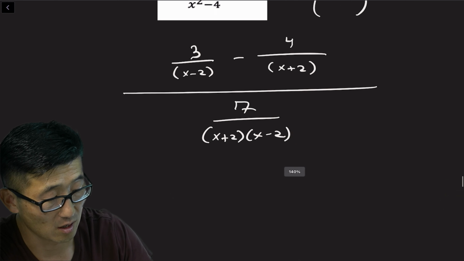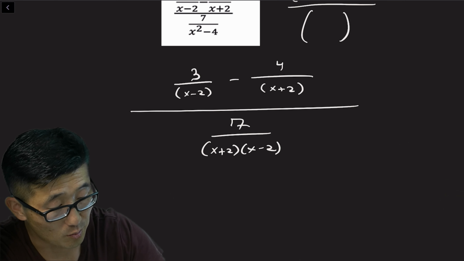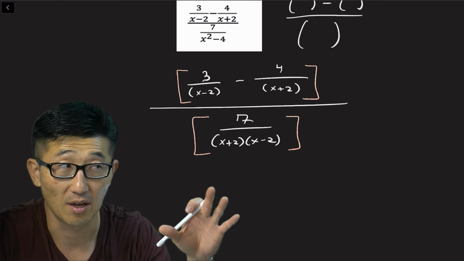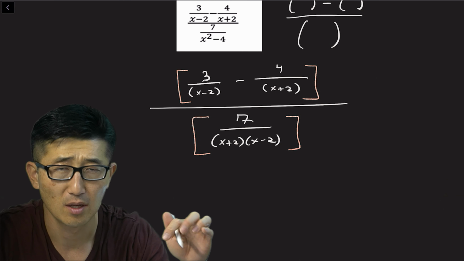Okay. Now, I'm going to put a bracket, because what am I going to do? I'm going to find the common denominator for the fractions on top and bottom and multiply everything with it, hoping that it'll just start simplifying out.